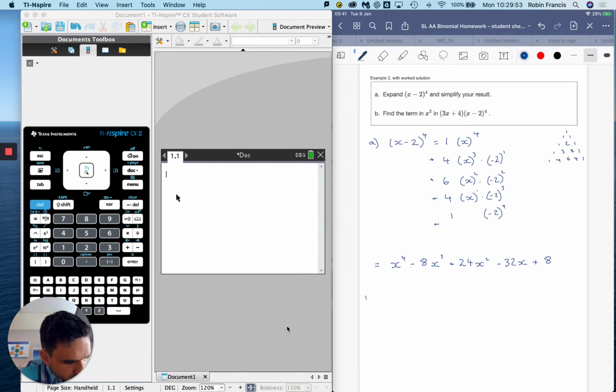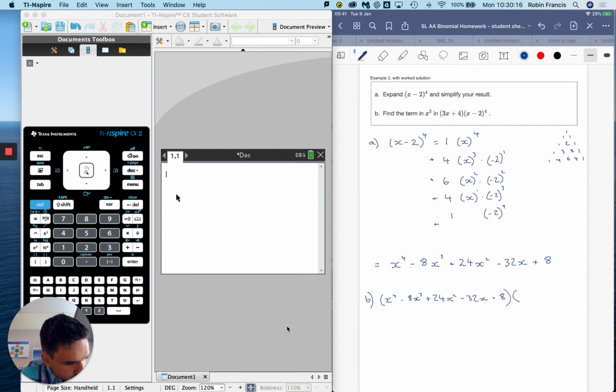Now for part B, here's where we're looking to be smart as possible as we can about it, ensuring we get to the right term. So this thing that we've just expanded, this x minus 2 to the 4, the entirety of that is 24x squared minus 32x plus 8.